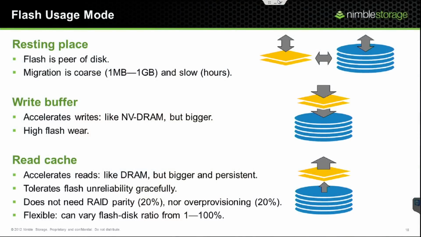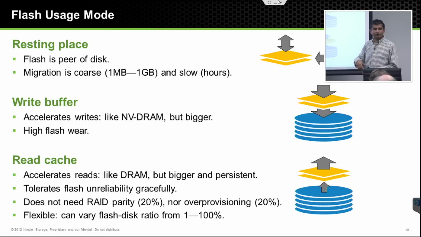Storing the metadata in flash, just 1% of the disk capacity in flash, can avoid half the IOs, because half the IOs in general are to metadata. But you can scale that ratio all the way up. So as the cost of flash goes down, you can increase the amount of this cache ratio.